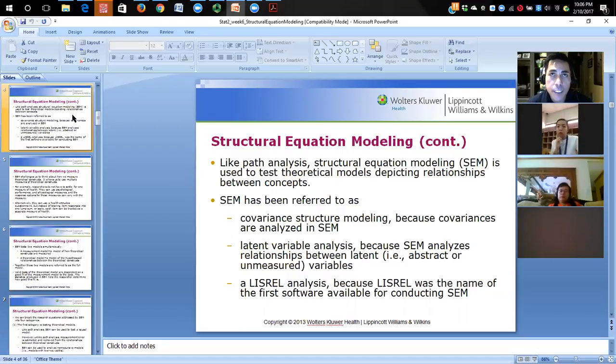Just like in exploratory factor analysis, which also looks at latent variables, the ones that we don't see right away, these are the abstract variables or abstract constructs. We try to make sense of them later, and that's why they're called latent variables. These are the unmeasurable constructs.